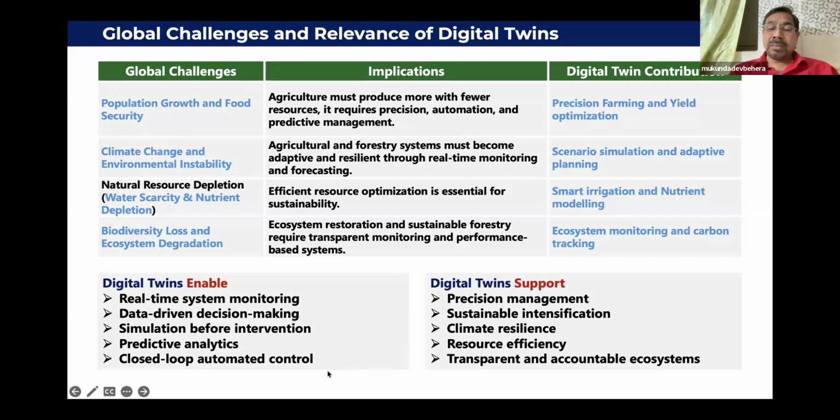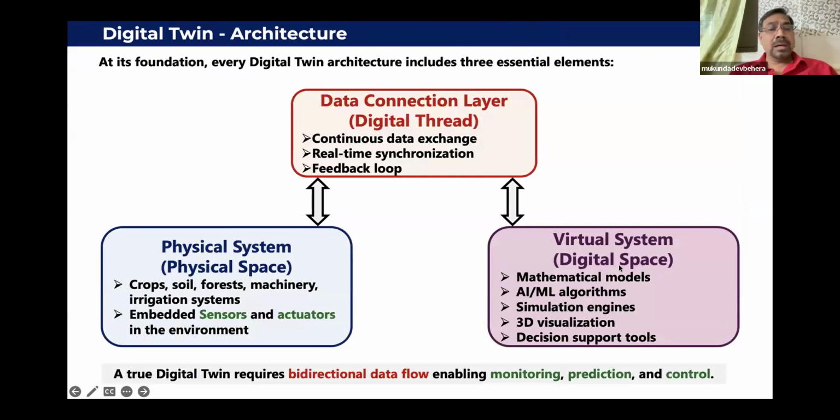As far as the support digital twins offer, it includes precision management, sustained intensification, climate resilience, resource efficiency, and transparent and accountable ecosystems.